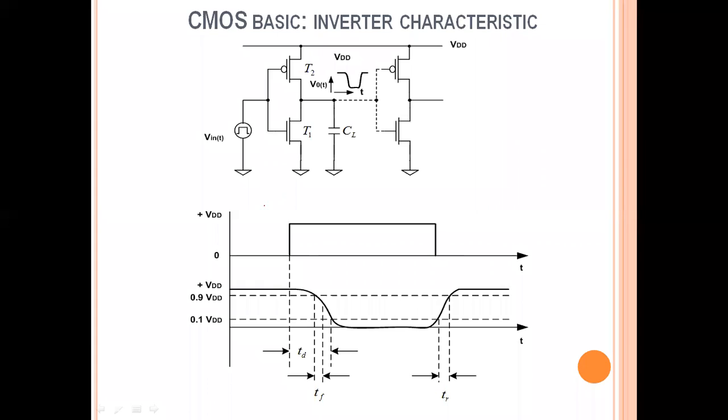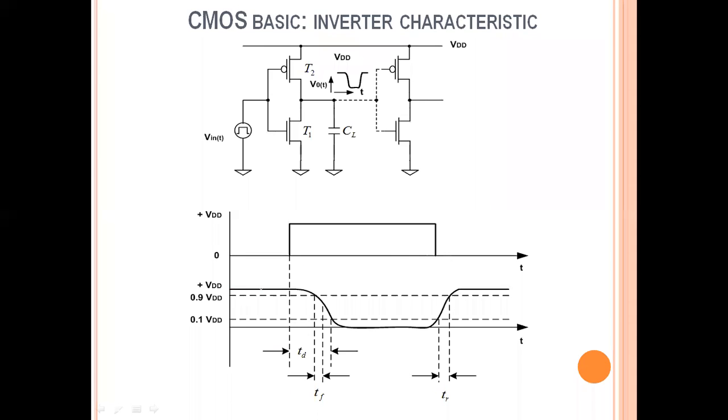So now we will understand the terms with this waveform. Suppose your input signal is 0, and at that time, what will be the effect on the output signal, right?